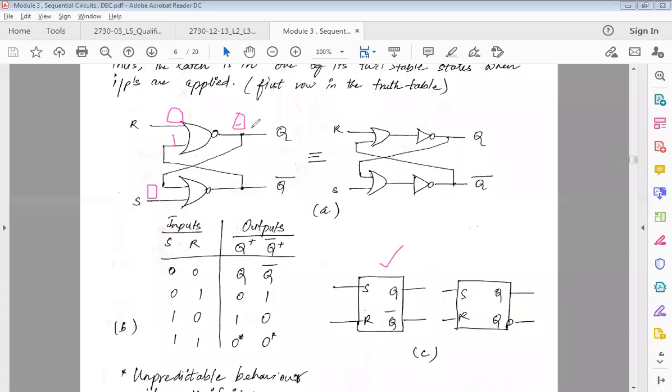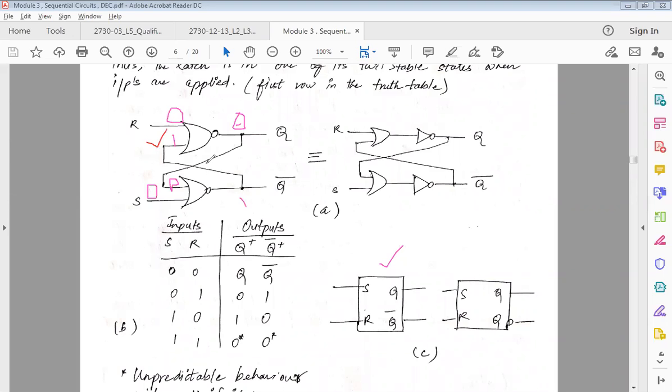Once I have my 0 here, now I know the value of my other input. So this value is also going to be 0. So 0 and 0. Now again, 0 plus 0 is 0, and I have to invert it, which means I'm going to get a 1. So whatever we assumed is actually correct.